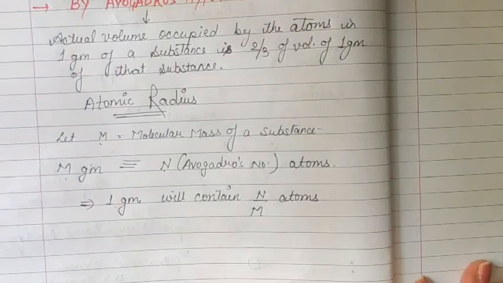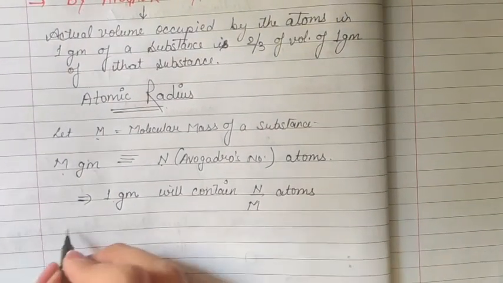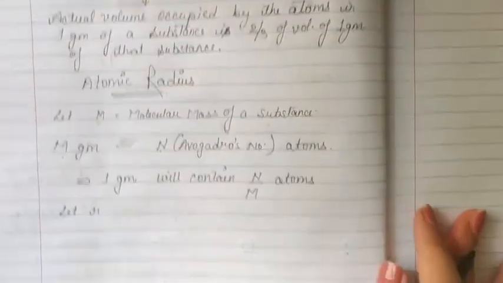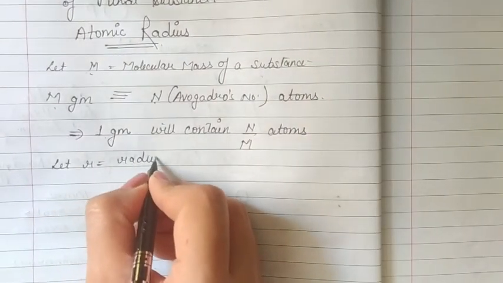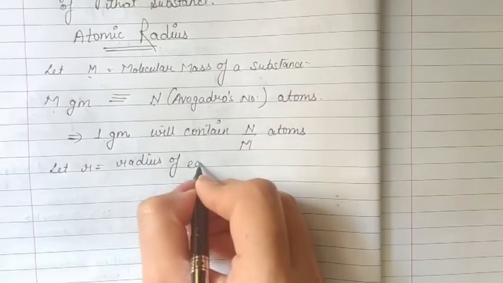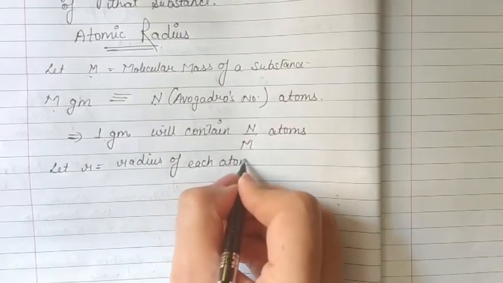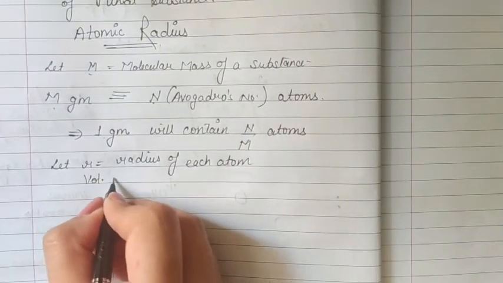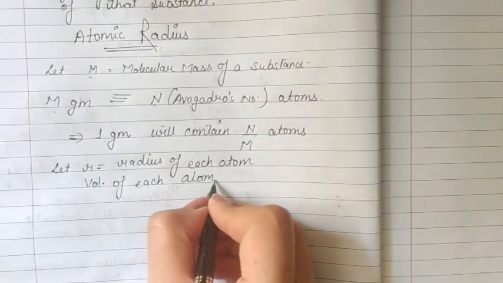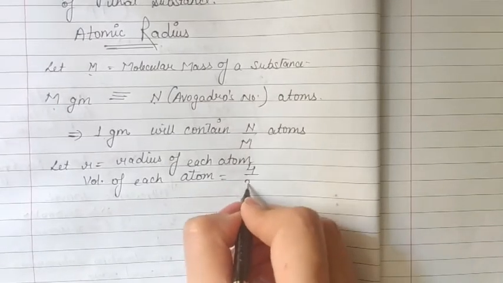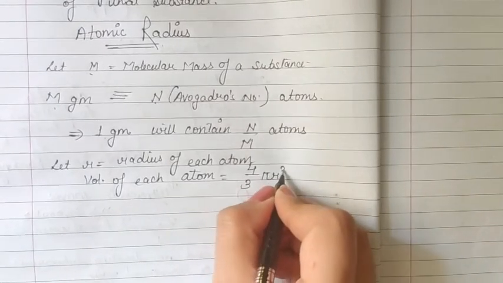Now if r is the radius of each atom, then volume of each atom will be 4/3 pi r cube.